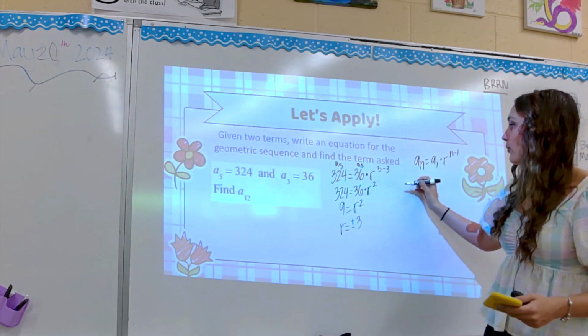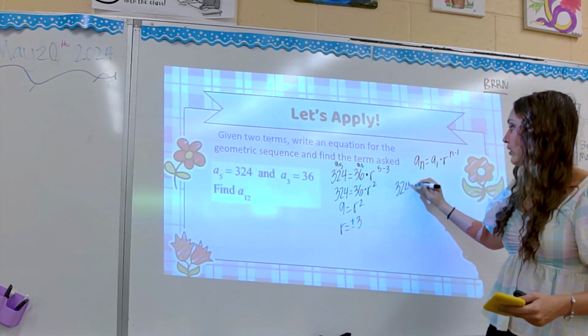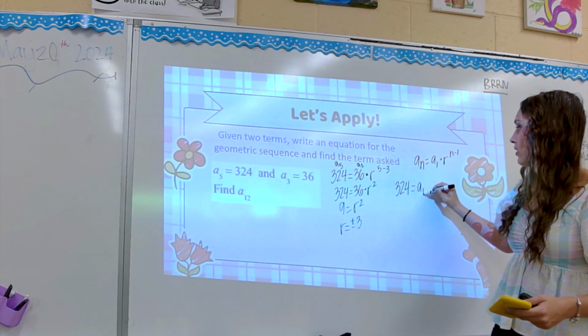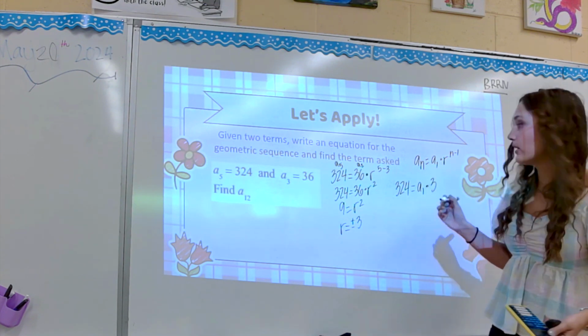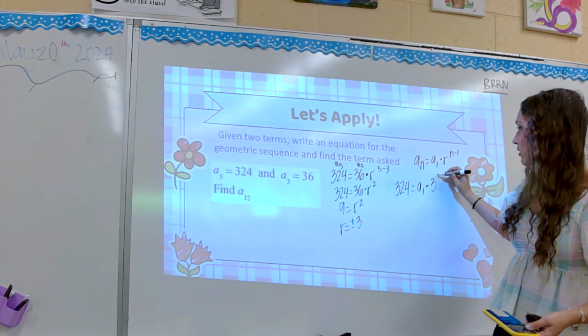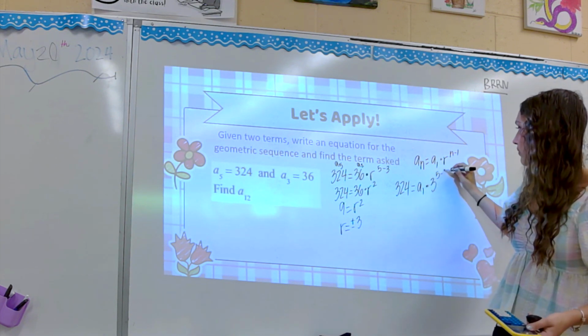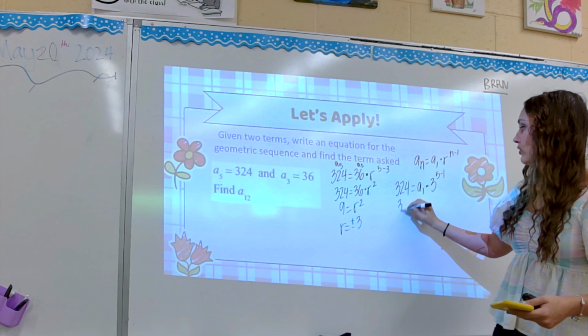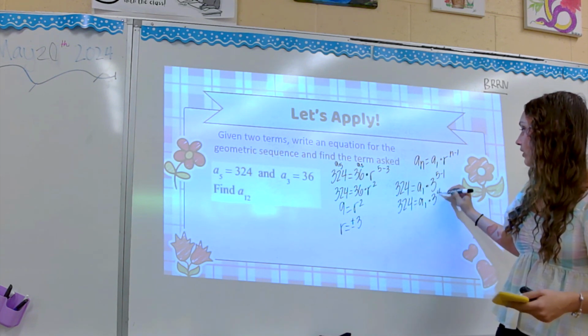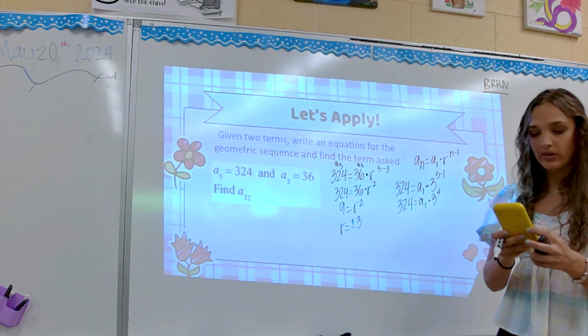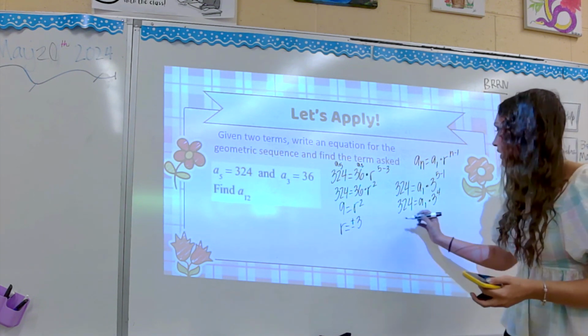So we're going to use the positive. I'm going to plug in what I know. 324 equals my A1 times 3, because they told us to use the positive, to the 5 minus 1. So I get 324 equals A1 times 3 to the 4th. 3 to the 4th is 81.